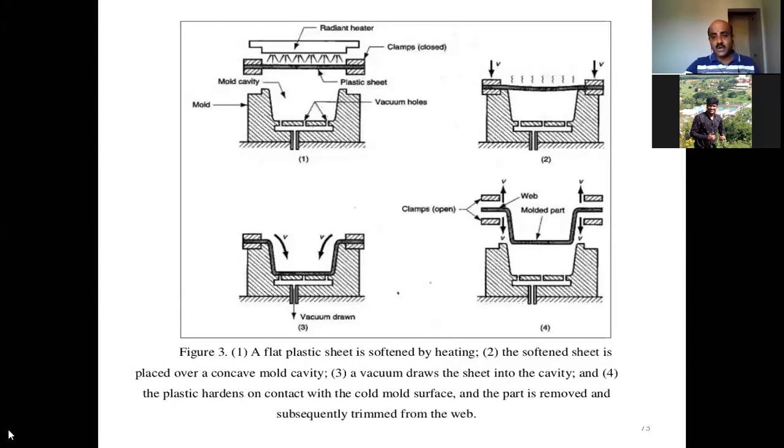Once the hot sheet has been vacuum drawn into the mold cavity, it is allowed to solidify by cooling for some time.